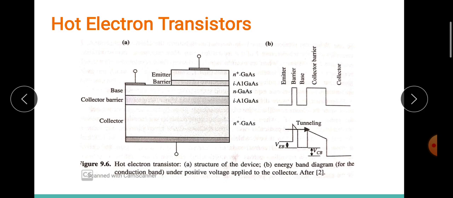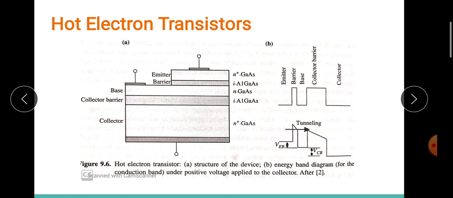The collector and the base is now separated by a collector barrier, which is again an intrinsic gallium arsenide region. And right from this figure itself, we can see that the collector barrier is much thicker than the emitter barrier, right? So more isolation is obtained between the collector and base compared to the emitter and base because of the variation in the thickness.